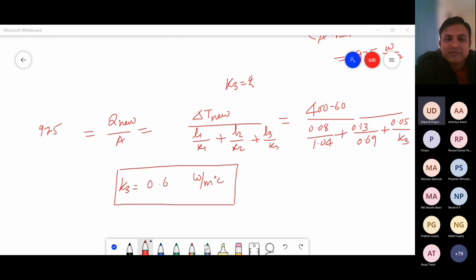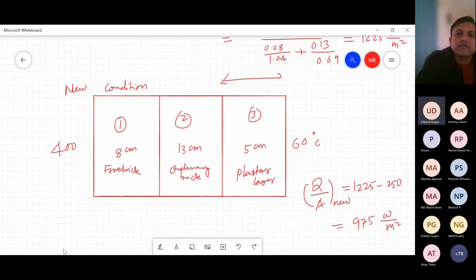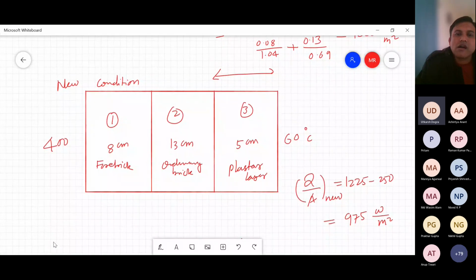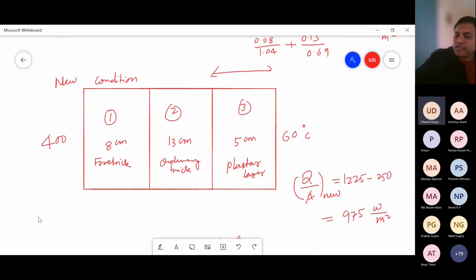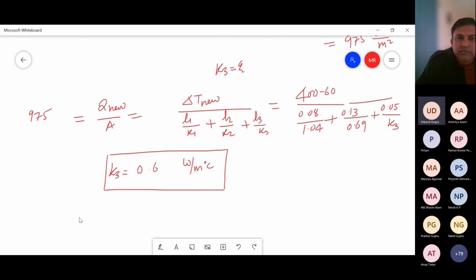Not clear? Sir, can you explain it mathematically? So that is what we have done in the class, if you remember. Okay, I'll explain one more time. Just wait. Okay, so in the same case, what will be the equation?